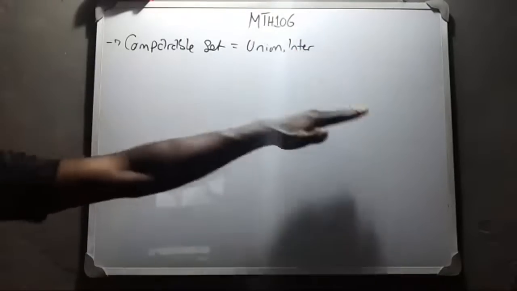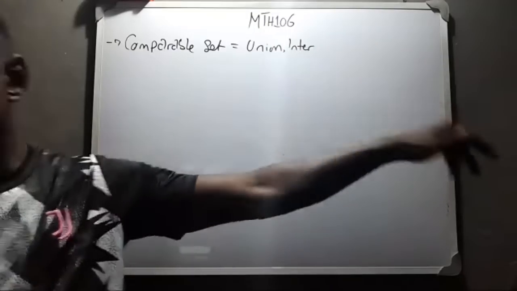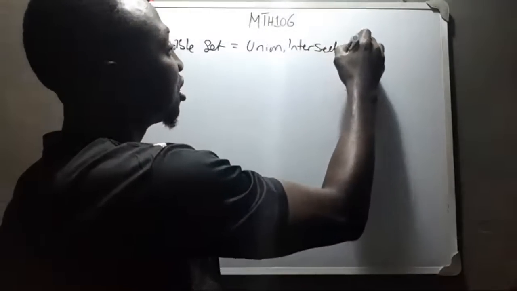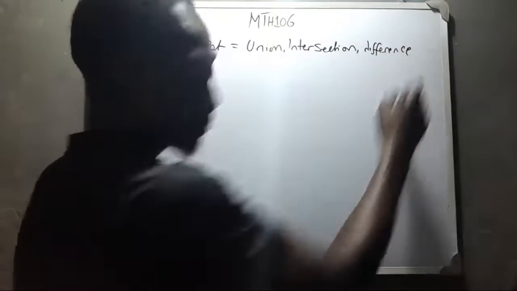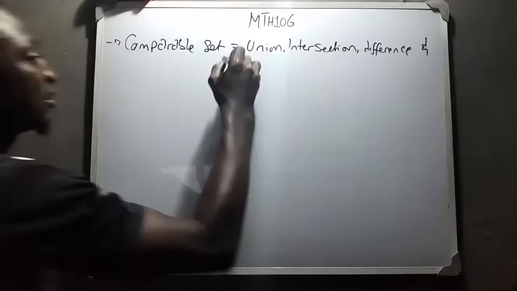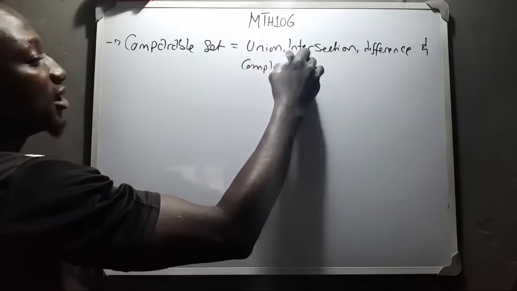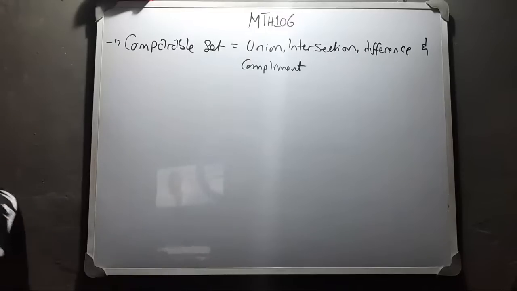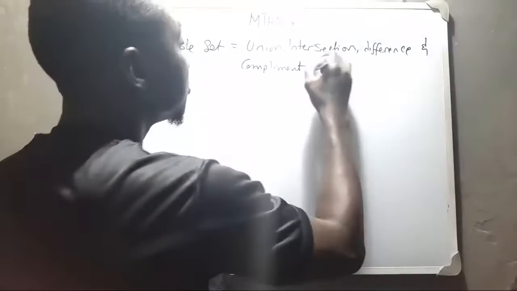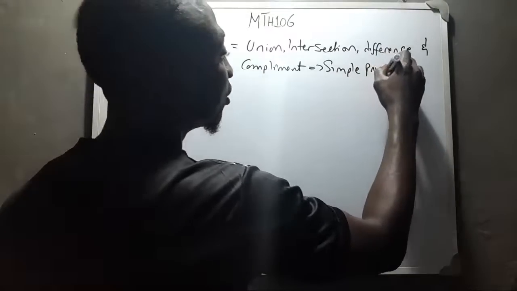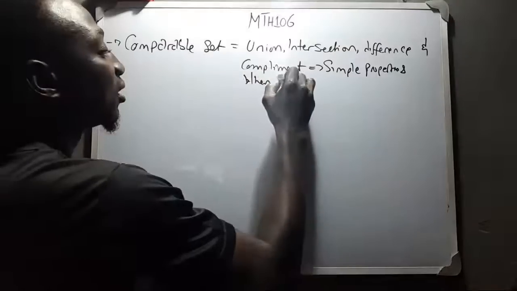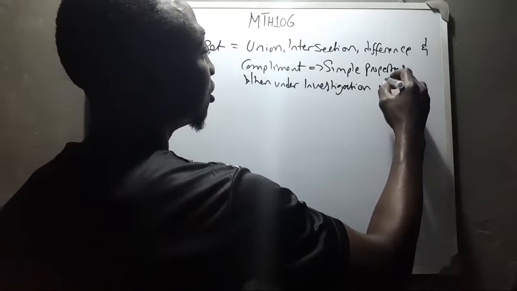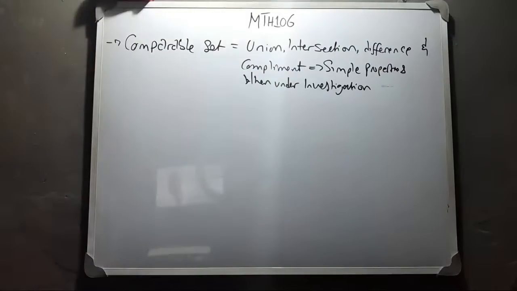The operations of union, intersection, difference, and complement, all of which we spoke about in our last class, have simple properties when the sets under investigation, meaning the set you are solving for, are comparable.